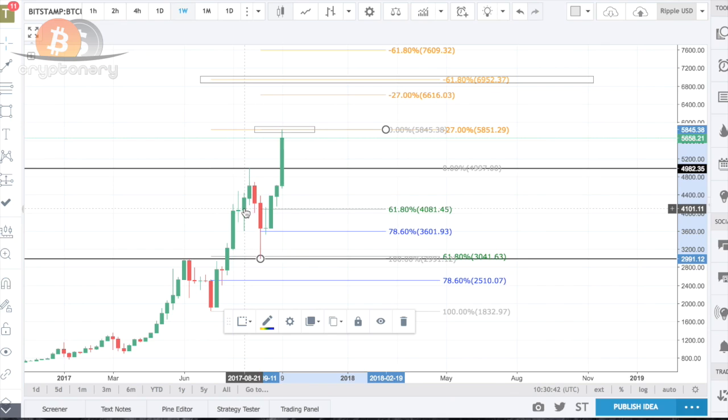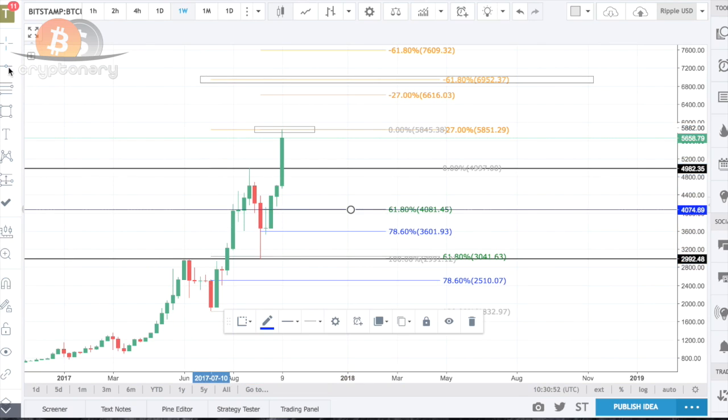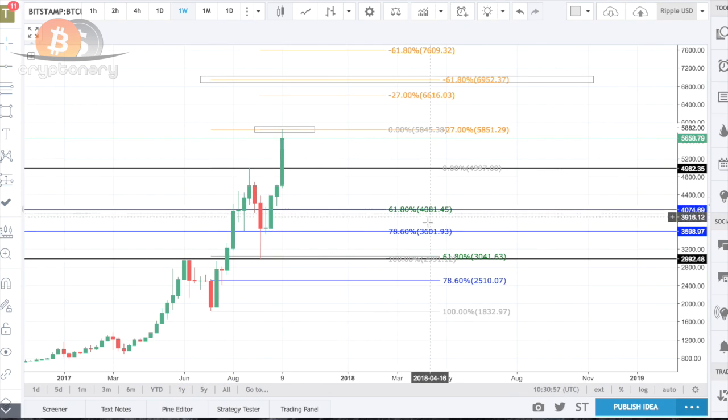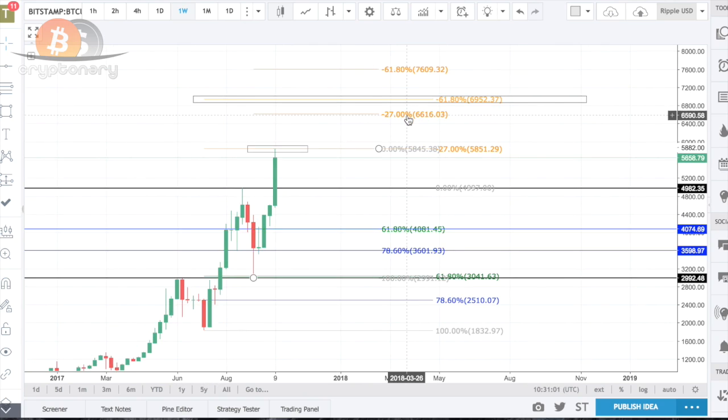We have a 61.8 and a 78.6. So instead of drawing lines, which we already have, I will, in fact no, we can do it this way. We will draw lines. And what we'll do is we'll then convert these into zones and remove the Fibonacci. So we could have another short-term spike here, or we could actually break through 7,000 and hit 7,600.